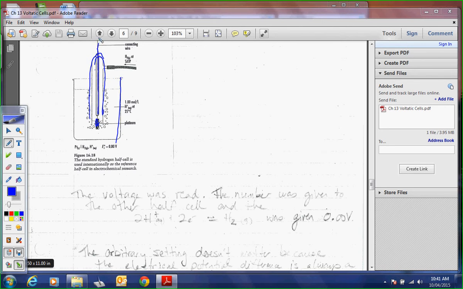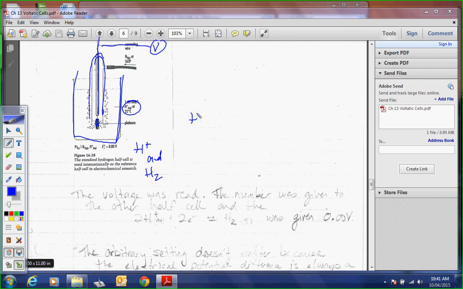It's also got a wire going through, so I can connect it to a voltmeter. And the solution in here is acidic at standard temperature and pressure. So what's in this? H plus and H2 gas. So it provides that line in your data booklet that has a voltage of 0.